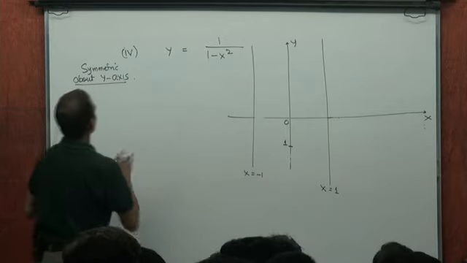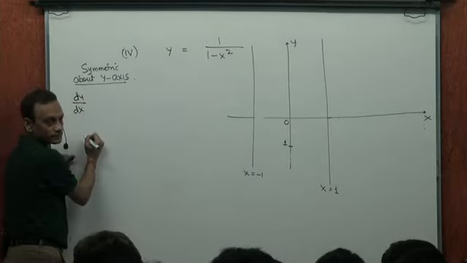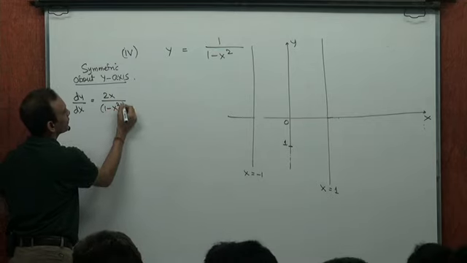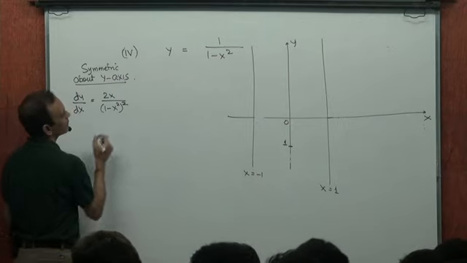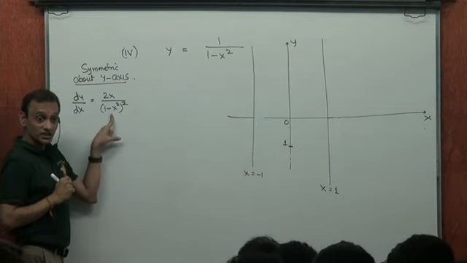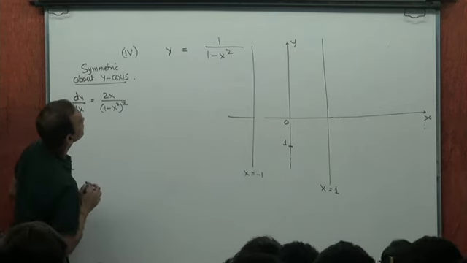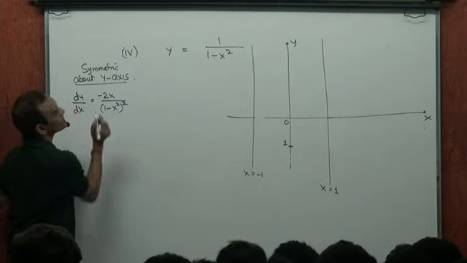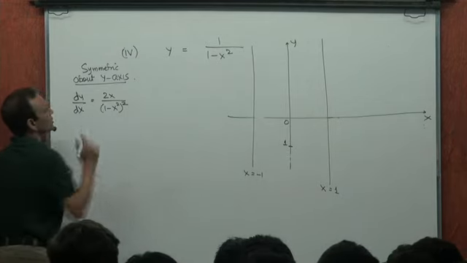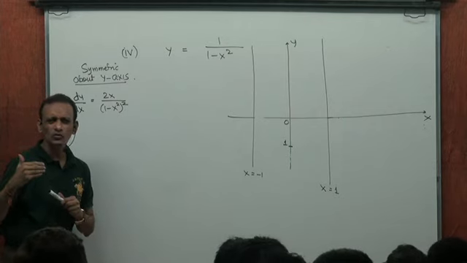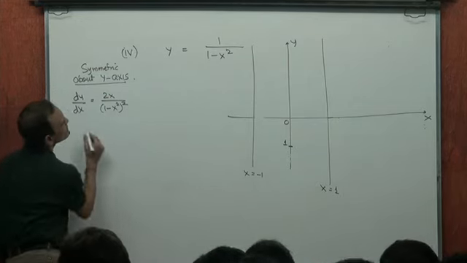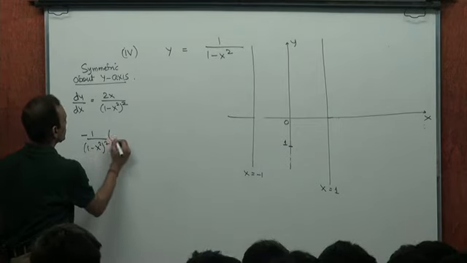Now, check this dy dx. Yes or no? When x is less than 0, dy dx is minus 1 by 1 minus x squared whole squared into minus 2x.